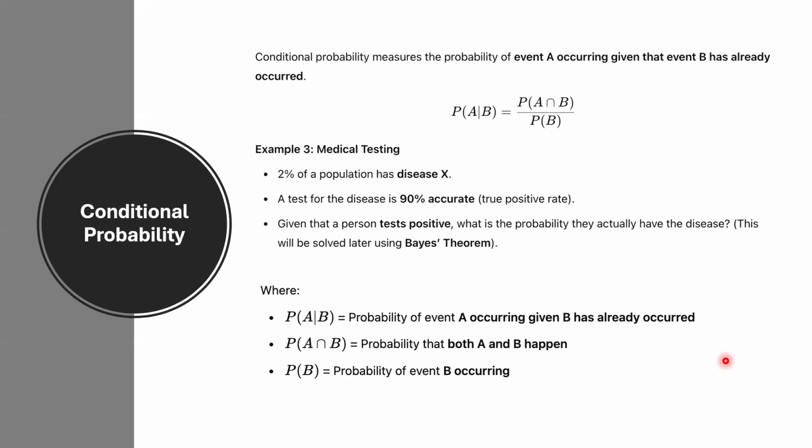It was P of B given A, when we were trying to say the probability of event B occurring when A has already occurred. Similarly, we are trying to calculate this. So here we are trying to say the probability of event A occurring given that event B has already occurred. If anyone has any doubt understanding this definition, please let me know.